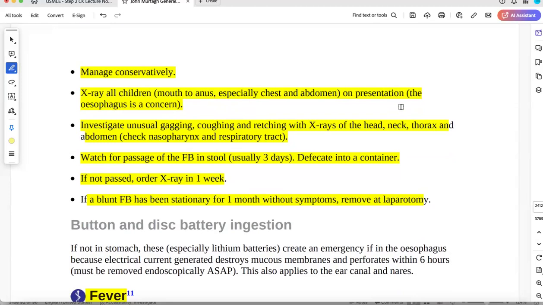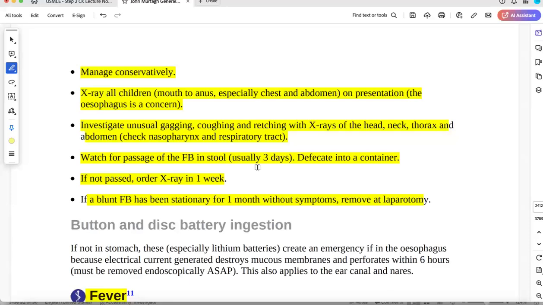So most of the time we can do a conservative management in these children. You will do an X-ray from mouth to anus when the child presents to find out where exactly the foreign body is at the moment. And then you would watch for the passage of the foreign body in the stool for the next 3 days.